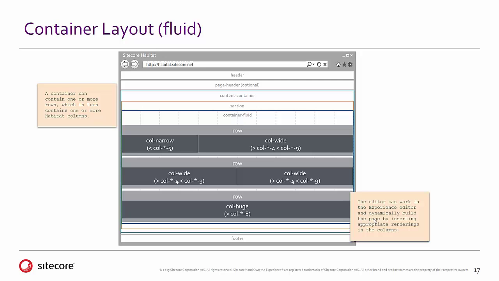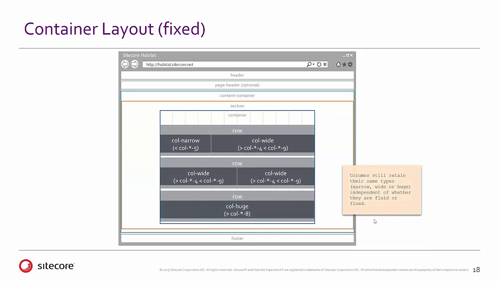But the editor can also add more sections or change the appearance of the existing ones. If a row is fixed, then the section underneath might have a background color or a background image that spans the entire width, but the container inside would only have the fixed width, or the columns will have a fixed width.